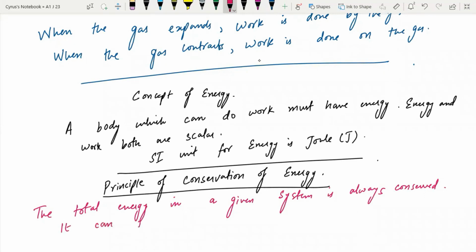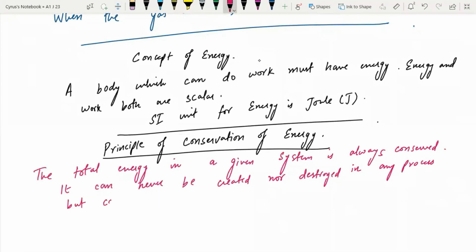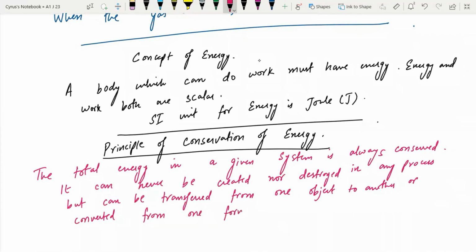It can never be created nor destroyed in any process, but can be transferred from one object to another, or converted from one form to another.